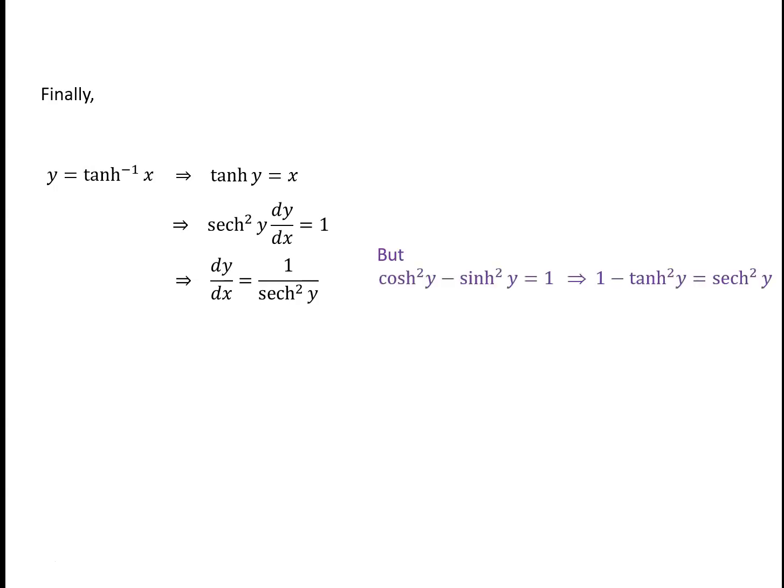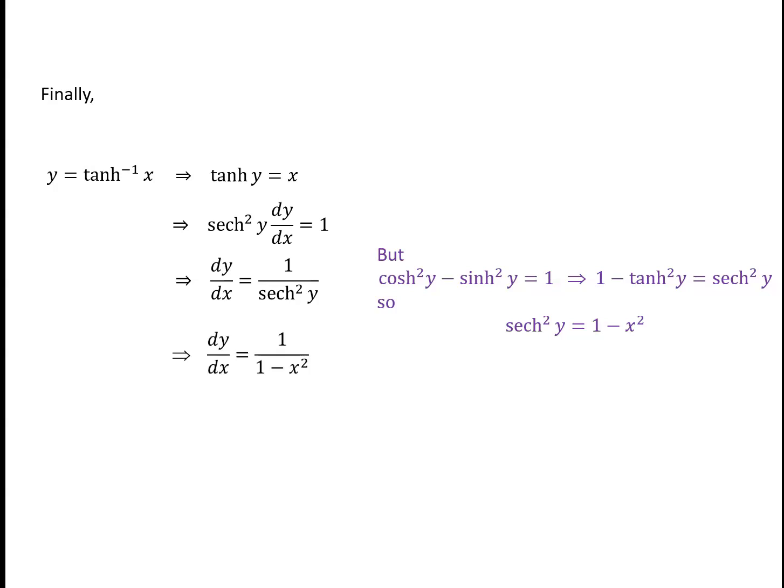But we know that cosh squared y minus sinh squared y is definitely equal to 1. If we divide through by cosh squared y, that gives me 1 minus tanh squared y is equal to sech squared y. In other words, sech squared y is equal to 1 minus x squared, because x is equal to tanh y.